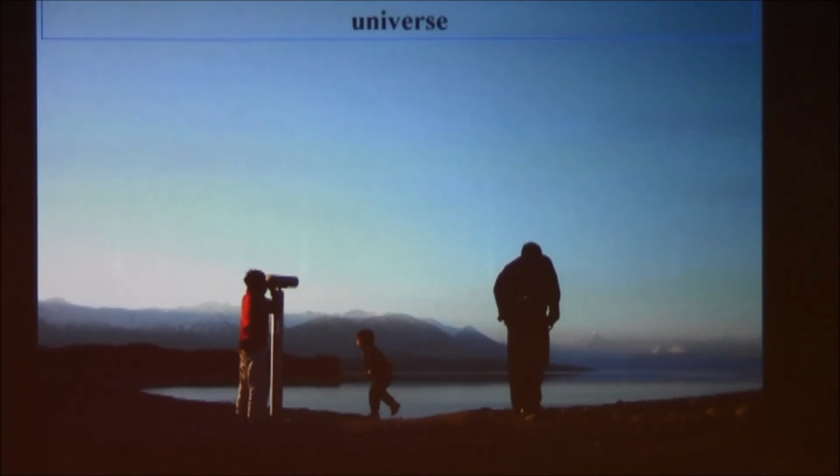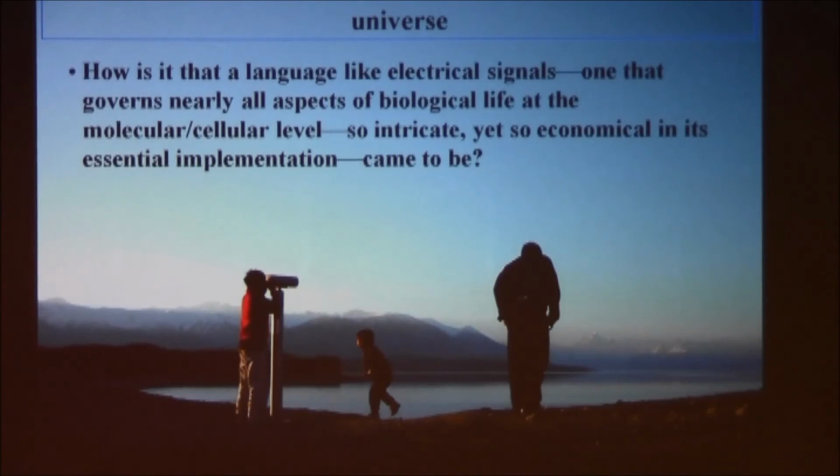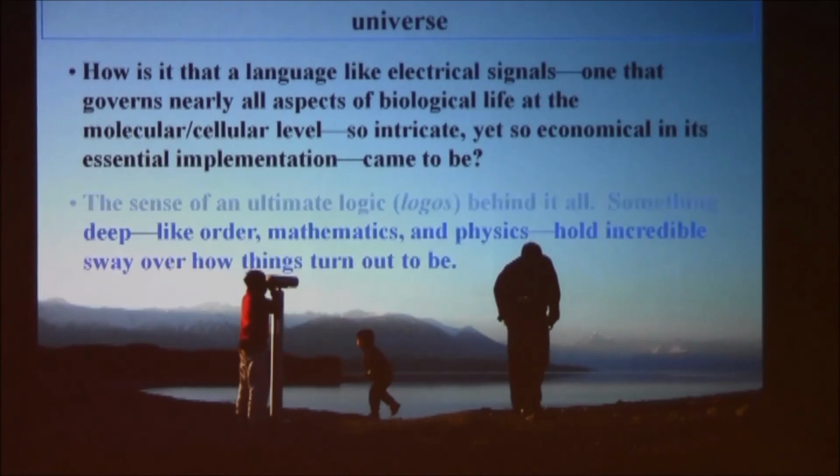That sense of wonder. So how is it that this language of electrical signals that really governs every aspect of biological life, how can it be so complex and yet so economical in its implementation? How did it ever come to be?